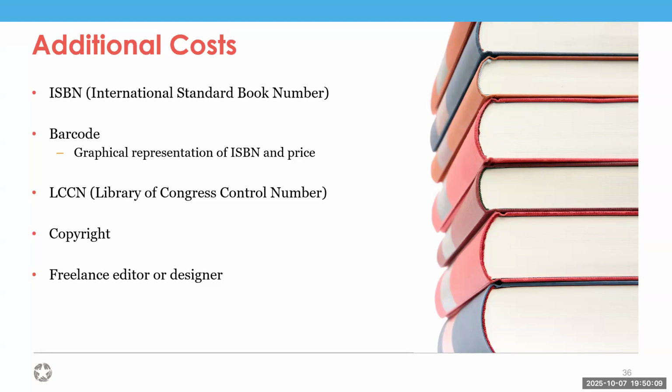Then there are professional reviews. If you want a library to add your book to their collection, you might need a professional review. A book must fall under the same standards as other items added to the collection, which normally means it must have been reviewed professionally.